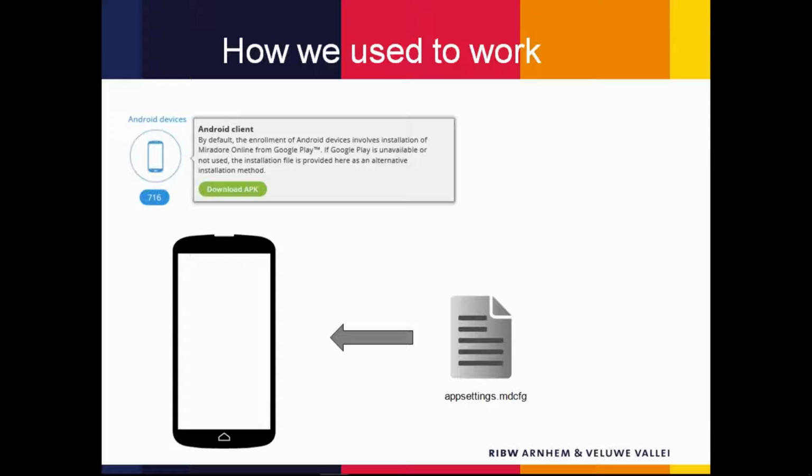So we downloaded the Miradore Online APK file, installed it, and then we got an app settings config file. We uploaded it to the devices, and when the device was ready to sync, it showed up in our overview in the Miradore devices list.